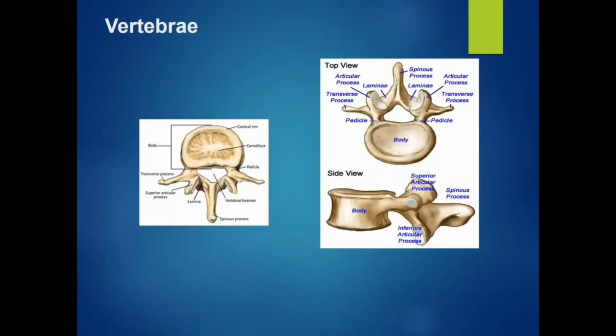They form the backbone, whatever you prefer to call it, and they have these projections which stick out, as you can see. We call these projections articulation sites. It's where muscle can attach or other bones can come together. There's a hole in the centre which allows passage of the spinal cord.